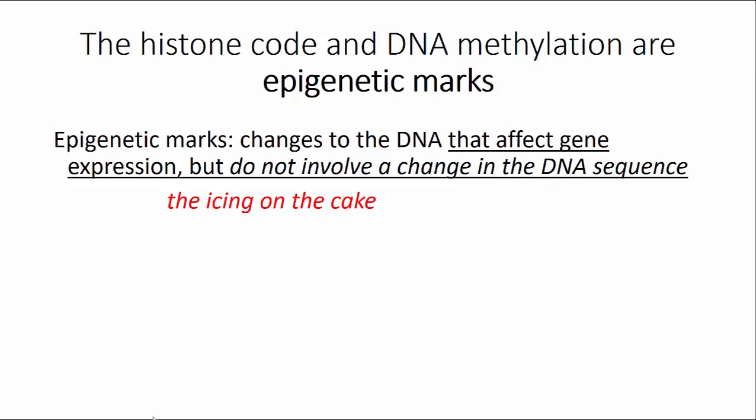So I like to think of this as, you have the underlying order of the bases, and that is really not changing here. But what you can change is the icing on top of those DNA bases, the icing on the cake that determines how that region of the chromosome is being used.